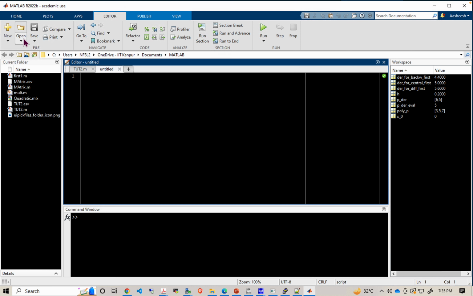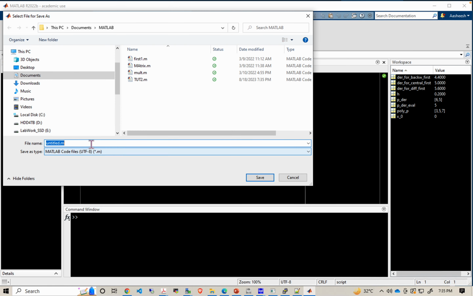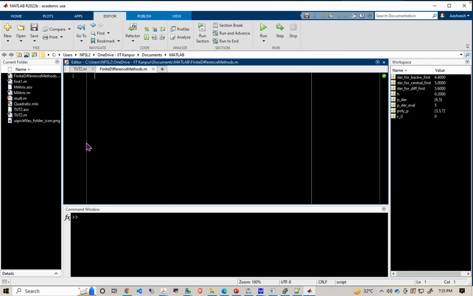So this is the .m file I have saved. Okay, and now I am going to write a script in which I will solve these three types of equations.